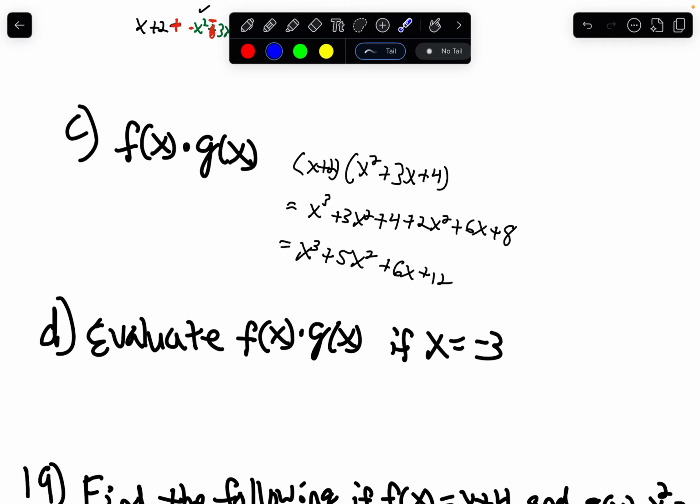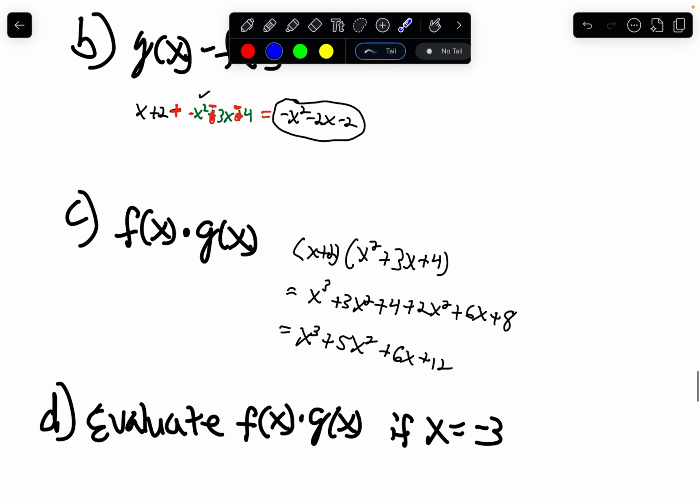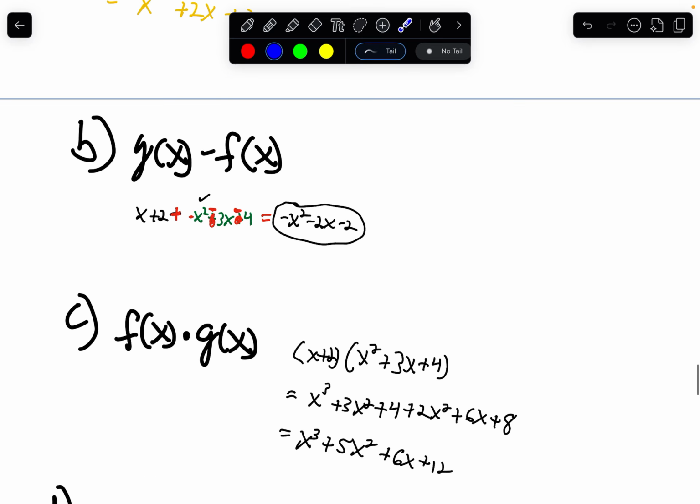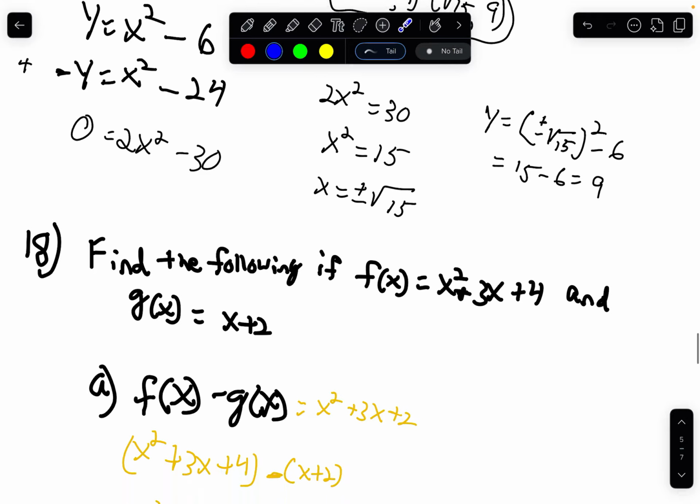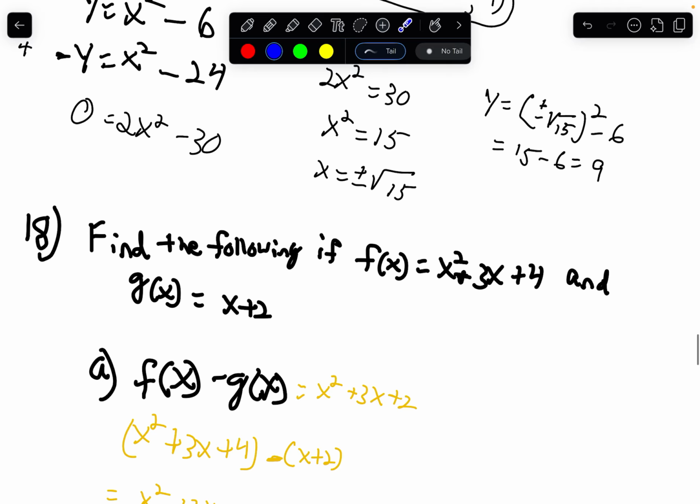All right? Now it says evaluate f of x times g of x if x equals negative 3. Well, I would probably go back to this f of x, the definition, put negative 3 in, and this and put negative 3 in, and then just take the results and multiply them. So it would be, first of all, f of negative 3 would be equal to negative 3 squared plus 3 times negative 3 plus 4.